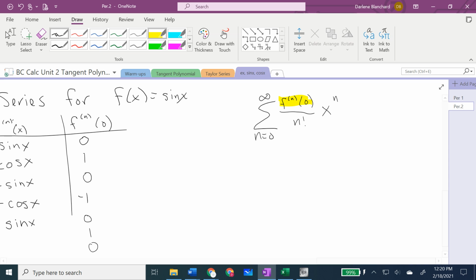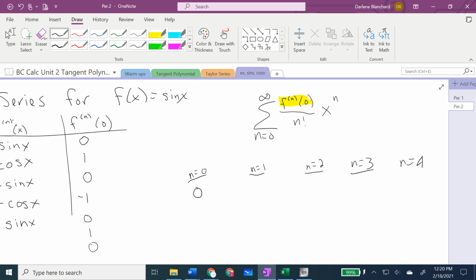We're going to start with n equals 0. And then we have n equals 1, n equals 2, n equals 3, n equals 4. When I plug in n equals 0, this highlighted piece is replaced with 0, and should I bother with anything else?